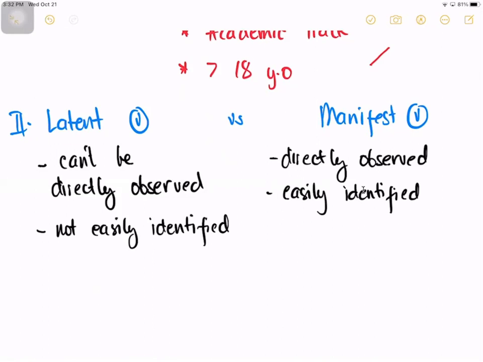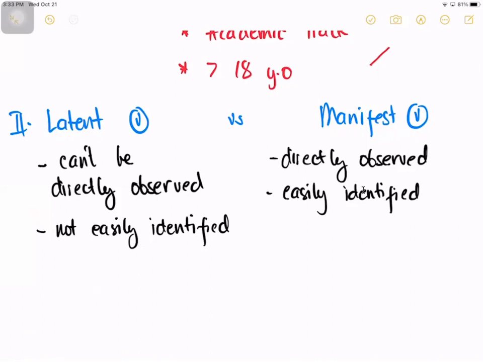So for a manifest variable, for example, you are conducting a study on anxiety or fear, especially for our students. Now, what are some of the physical characteristics or facial expressions that will tell you that the person is anxious or afraid?